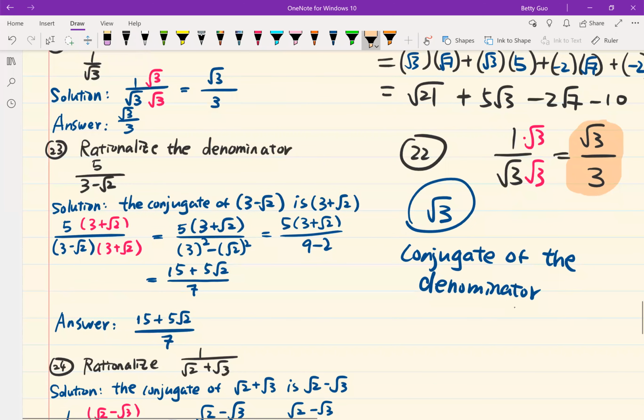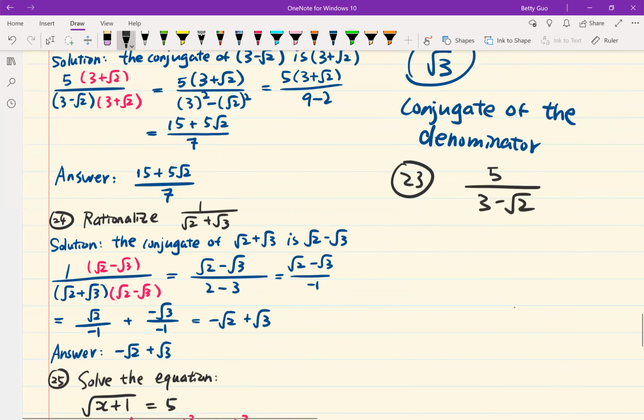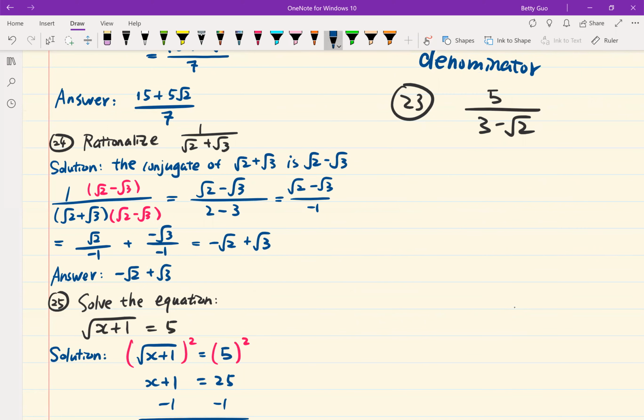Number 23, rationalize the denominator. In this case, the denominator is a binomial. Let's see how we apply the process to rationalize the denominator. The denominator is 3 minus root 2, right?